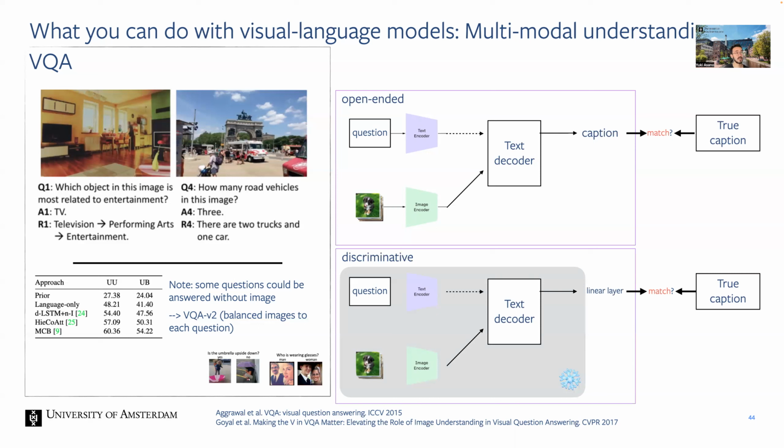Or you can simply do it in a discriminative setting, which is I think what they did here, where they simply train a linear layer on top of a frozen model to predict in a 3000 way manner. So if your data set has, for example, 3000 potential answers, then you simply train a linear layer to predict one of the 3000 answers, and then you compare, okay, was this correct or not? The open-ended one is, of course, more difficult.